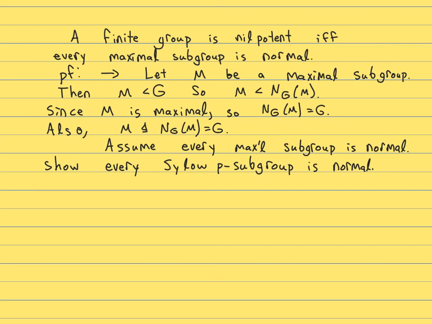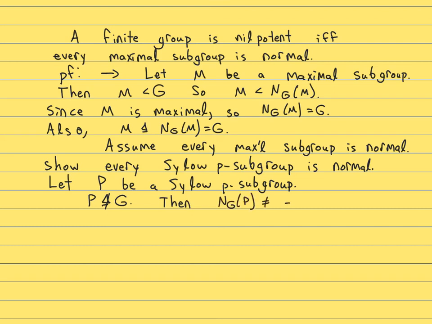So let P, capital P, be a Sylow p subgroup. This is going to be a proof by contradiction. We're going to suppose P is not normal in G. Then this implies that the normalizer is not all of G, so it must be a proper subgroup.